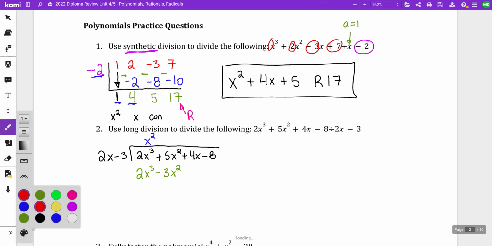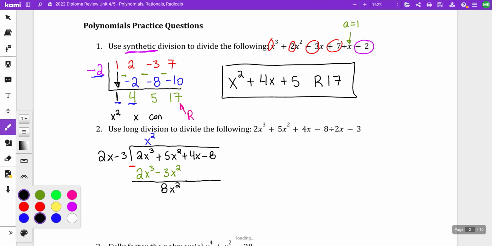I then subtract these polynomials. 2x cubed minus 2x cubed is 0. Perfect. 5x squared minus negative 3x squared is 8x squared.